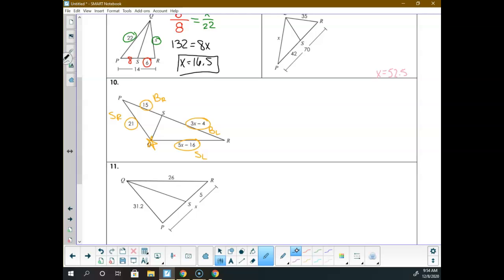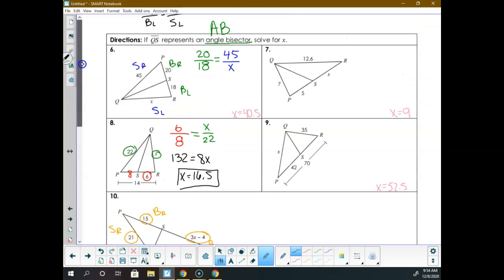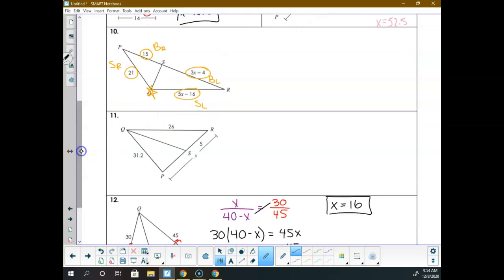So then, you see this QS line right here? This is an angle bisector. So I always view it from where this is coming from a vertex.